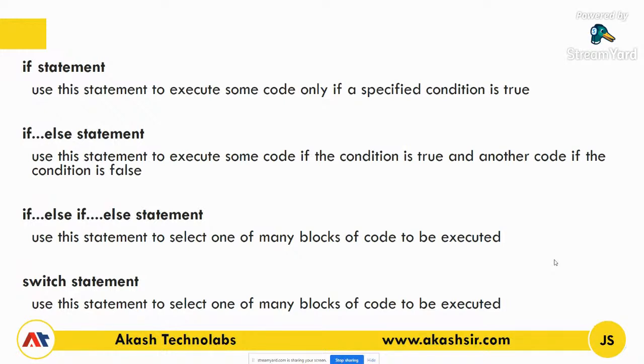Same thing, if you want to check multiple conditions, then we have if, else if, and the last one will be else. And the last one is the switch statement. Switch works the same as a telecaller. For example, whenever you call a particular call center, first it will ask press 1 for English, press 2 for Hindi, press 3 for Gujarati, right? And many more. So if you want to do menu driven programming, for that you can use a switch statement.